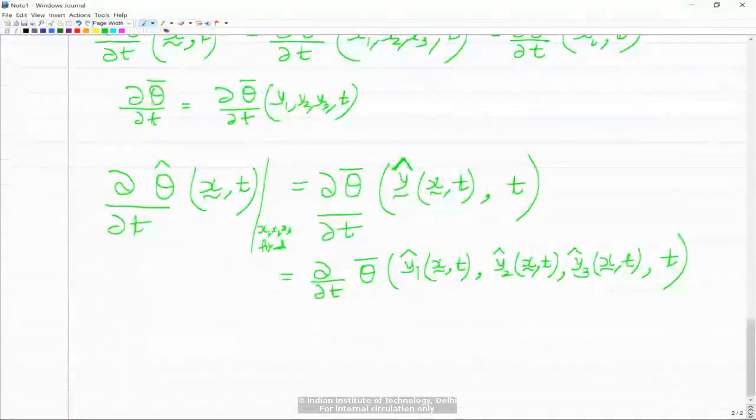And then we have to do this del by del t. Wherever we have time present, you have to take the derivative of all of them. So we have to now apply chain rule. On the left hand side, the time derivative is such that you have to keep x fixed. That's also called the material time derivative. When you keep x fixed or particle fixed and then take the time derivative, that's like taking the material time derivative.